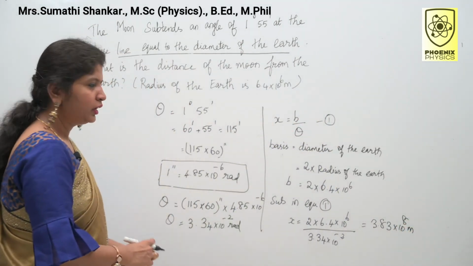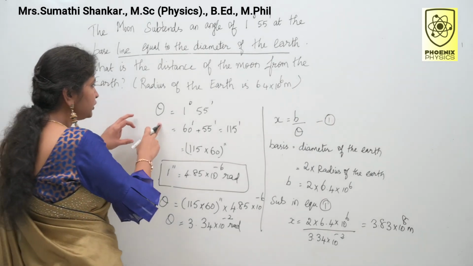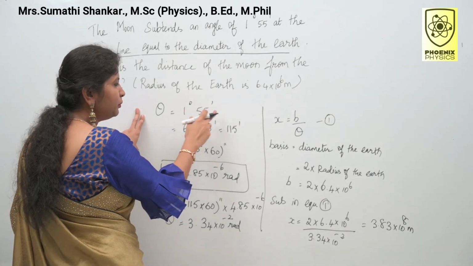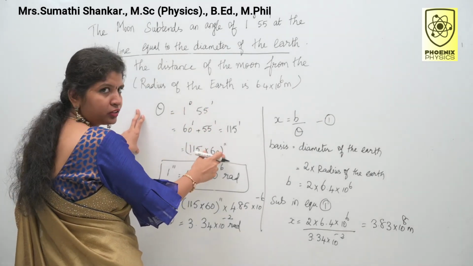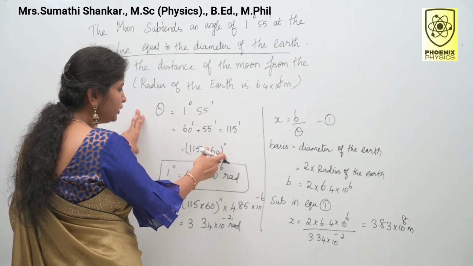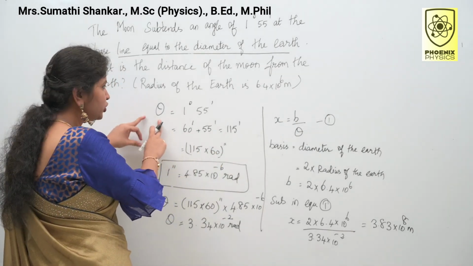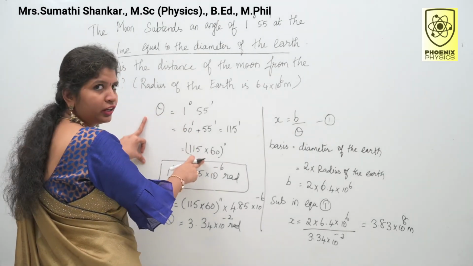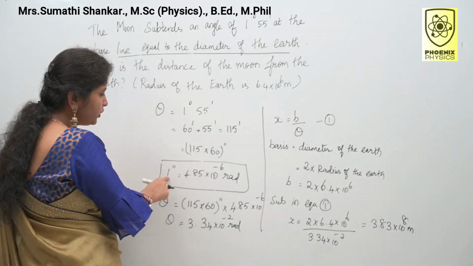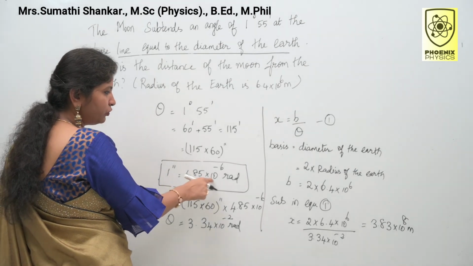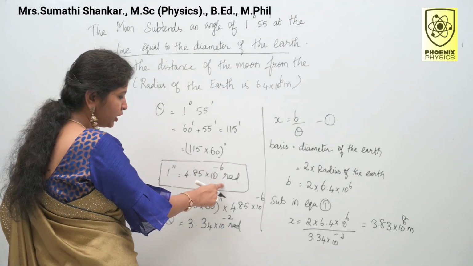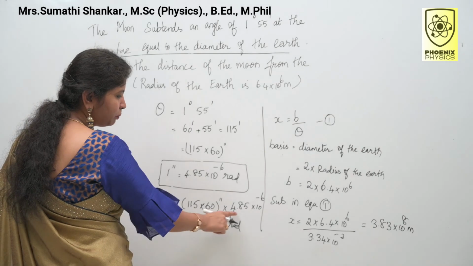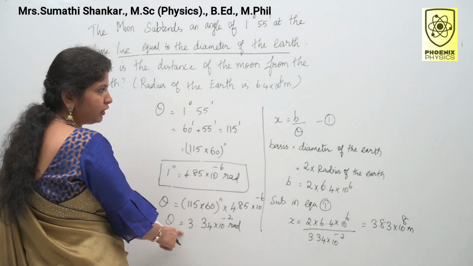Up to this clear? Simply we are converting this degree and minutes in terms of seconds, and you know that theta should be measured in radians. I am converting this seconds into radians. 1 second is equal to 4.85 into 10 to the power of minus 6 radian. Just multiply these two, you can get theta value.